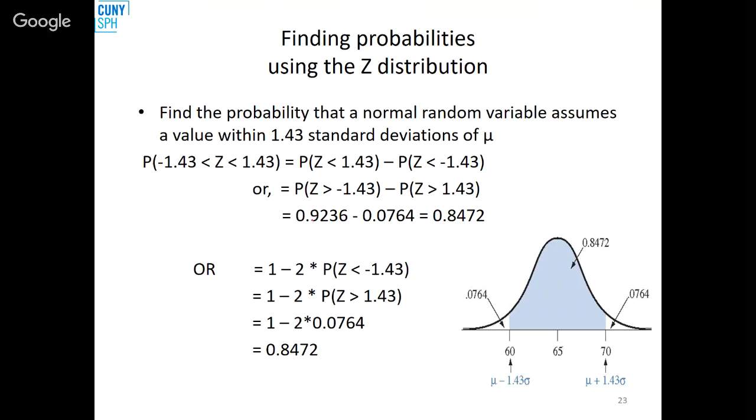And then it's 0.9236, the value we had before, minus 0.0764, which was the other value we had. We calculated it for the right tail, but it's the same for the left tail, to give us this answer of 0.8472.